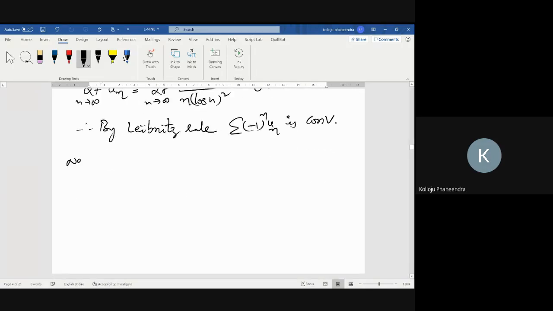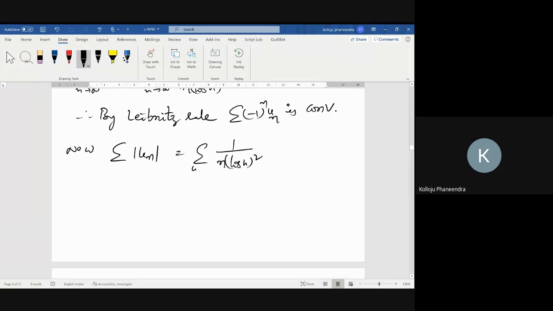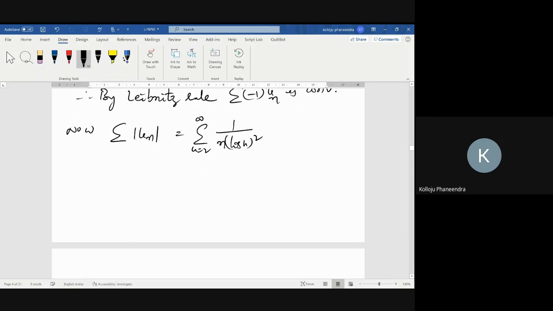Now, absolute series, sigma mod un, that is sigma 1 by n log n square, n is from 2 to infinity. Now, already we know that whenever logarithm terms are there and multiplied by n, go for the integral test.